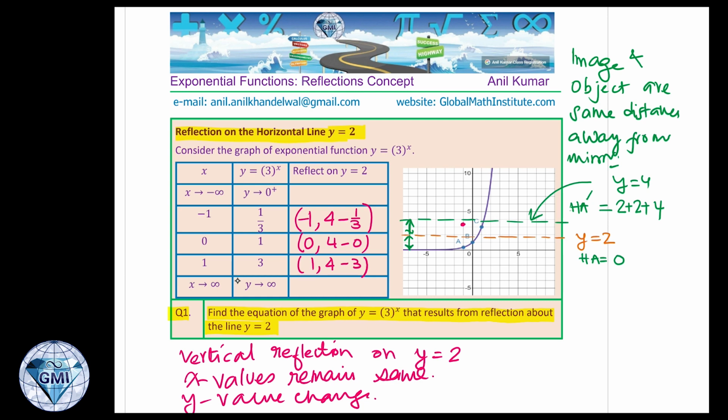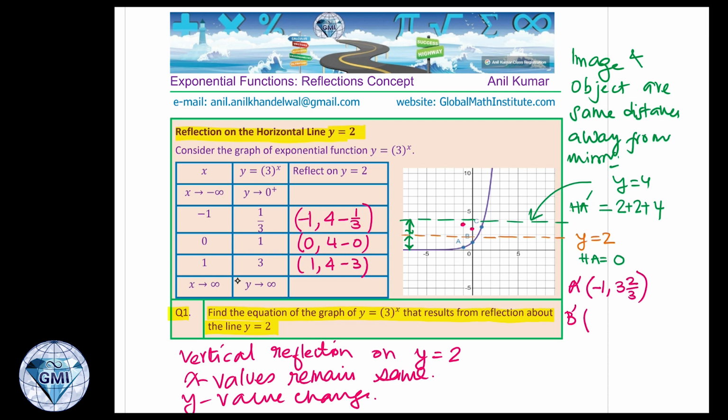You can calculate these values and plot them. So 4 minus 1 over 3 will be 3 and 2 over 3, correct? So that is your point A prime. So we can write that the A prime point will be minus 1 and 3 and 2 over 3, right? As far as B prime point is concerned, it is at 1, it will be 4 minus 1, which will be at 3, correct?